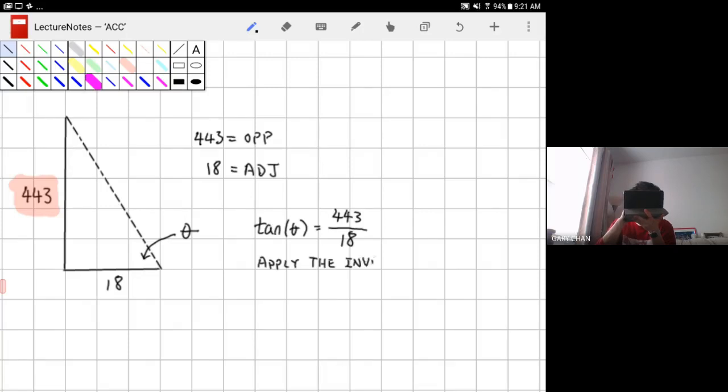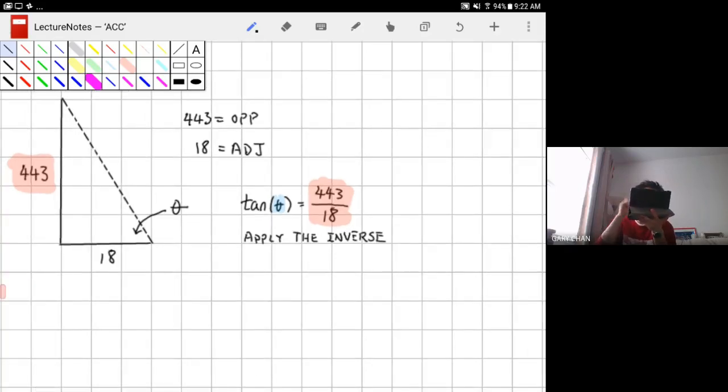And what does it mean to apply the inverse? Well, if tangent of theta gives us a ratio, then the inverse of it will give us the angle. The inverse function is going to be, like Michael said, the arc function. So we're going to say tangent to the negative 1.